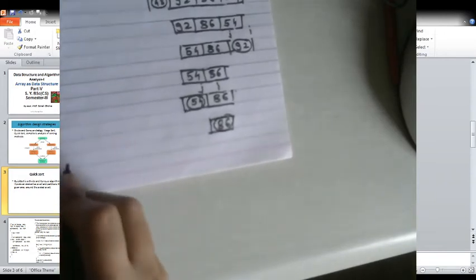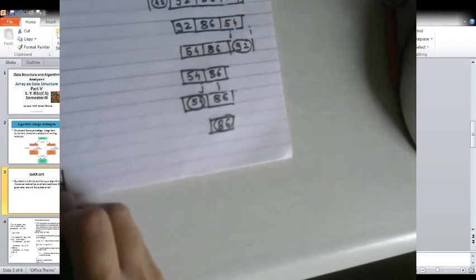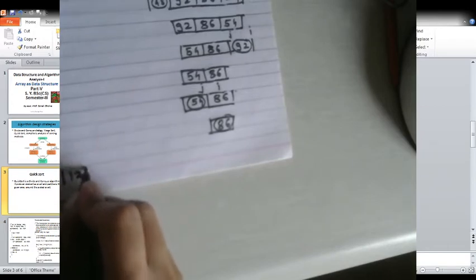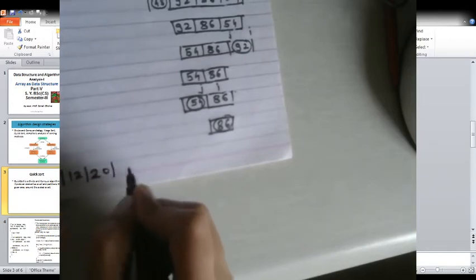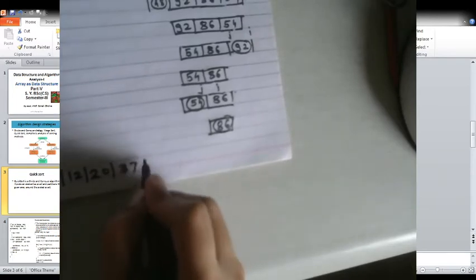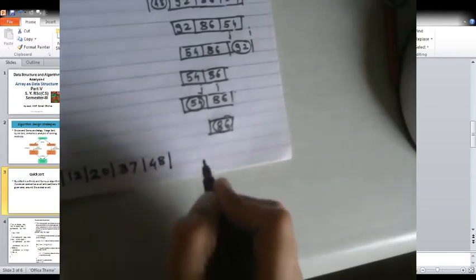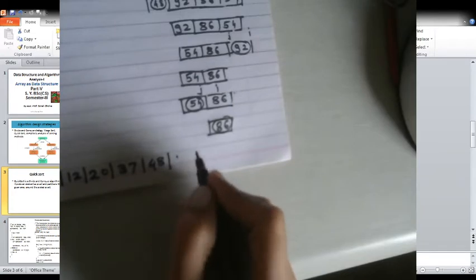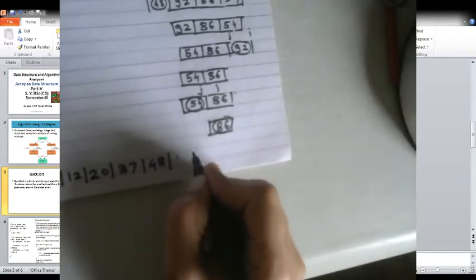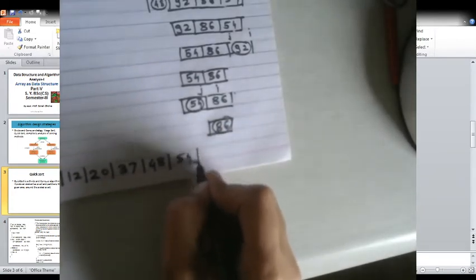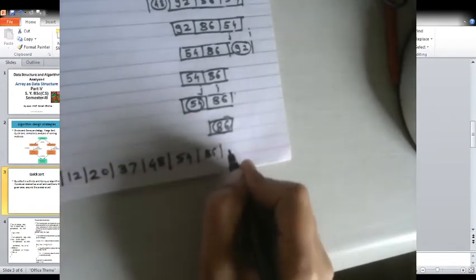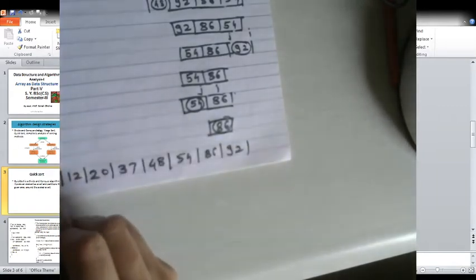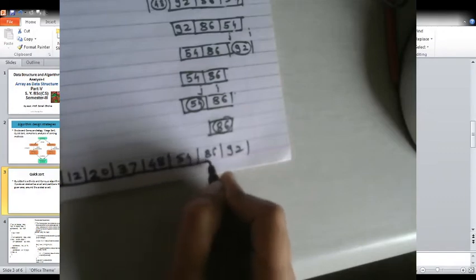Now conquer all the elements. The first element is our 7, then 12, then 20, then 37, then 48, then 54, then 86 and then 92. This is the sorted list of elements at the end.